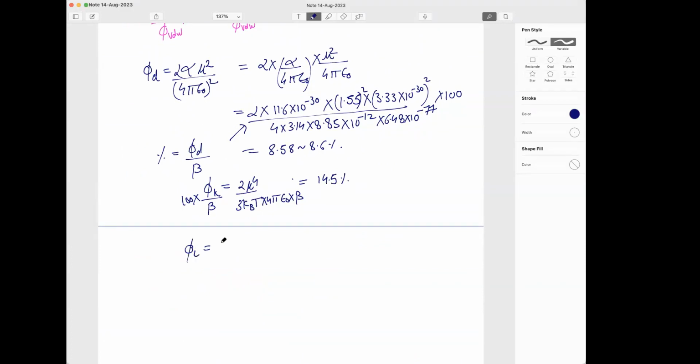So 100 minus 14.5 minus 8.6, and that comes out to be 76.9. Okay. The previous one you told, is it 86% or 8.6? No, it's 8.6%. Okay.